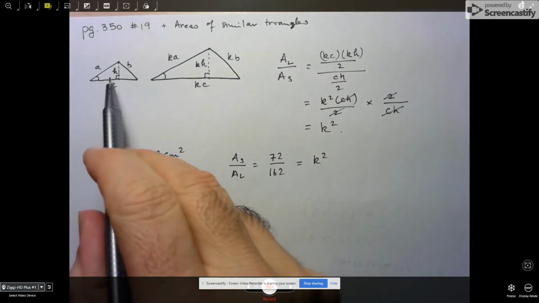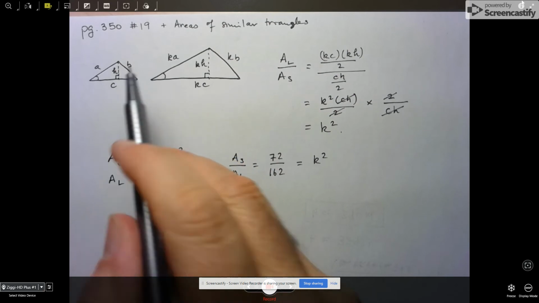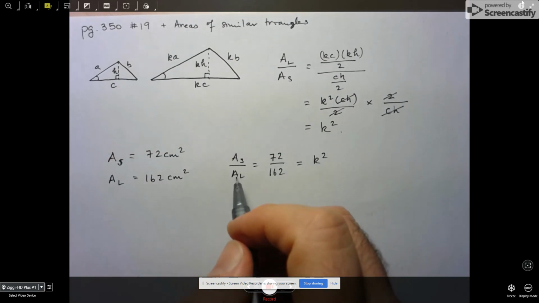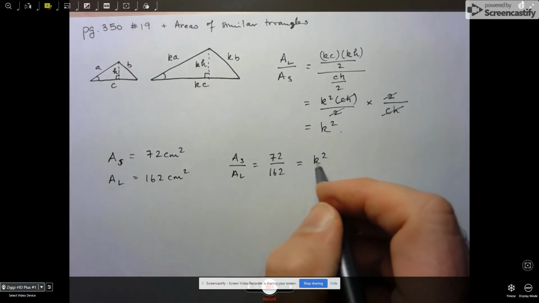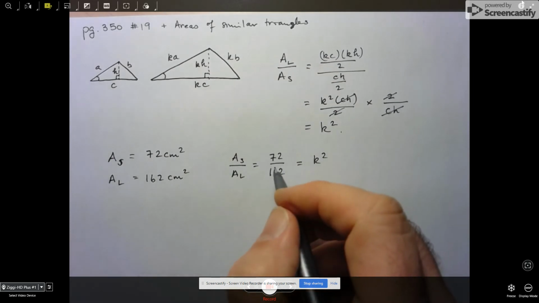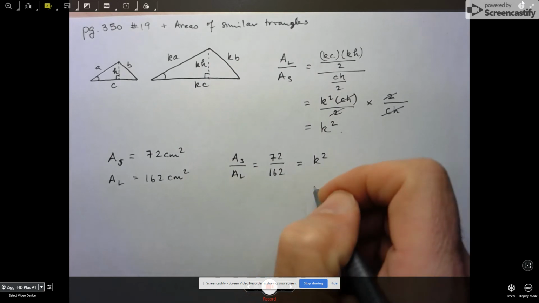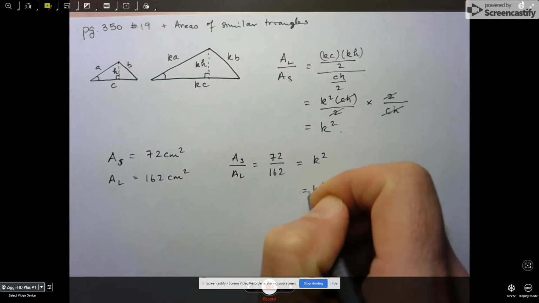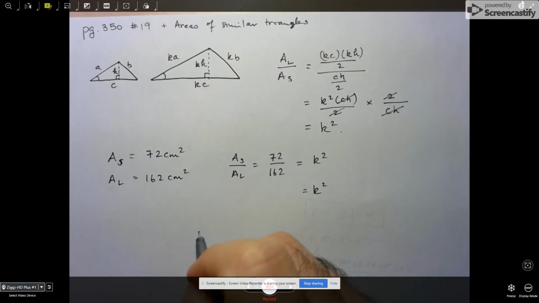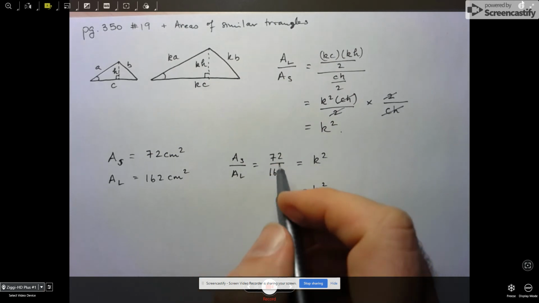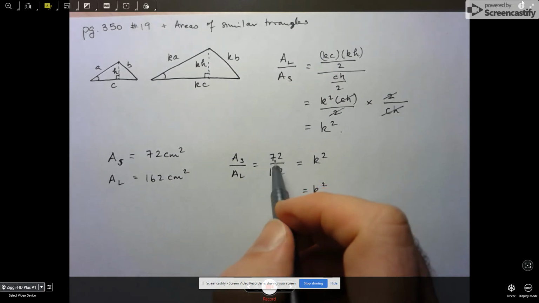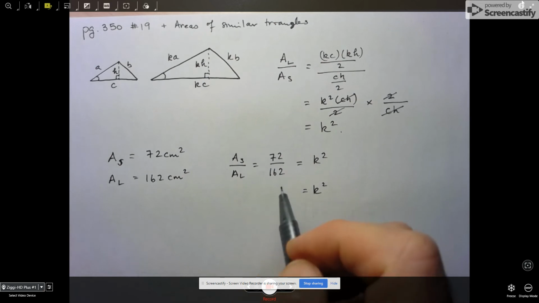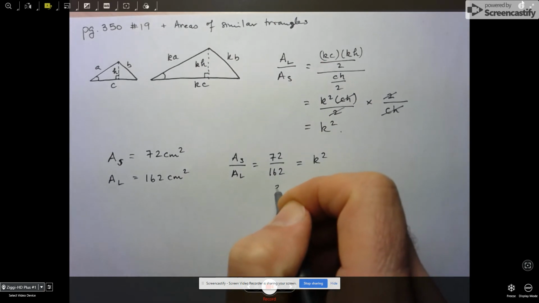So whatever the factor is between the corresponding sides, we know the ratio of the areas is k squared. Before I try to take the square root on both sides, because I'm not necessarily going to end up with something nice, I notice that if I simplify this fraction, they're both divisible by 2, and 72 divided by 2 is 36, which is very nice because it's a perfect square.